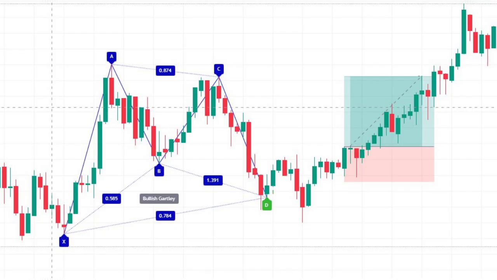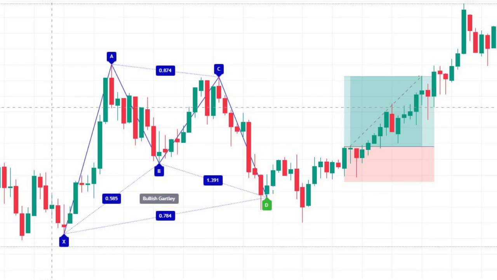Trade strategy. Entry. On the close of the confirming bullish candle, or on a slight retest of the PRZ after the candle. Stop loss. Place just below the X point for a bullish Gartley. This invalidates the entire pattern if hit. Take profit 1, TP1, at point C, a logical first area of resistance.